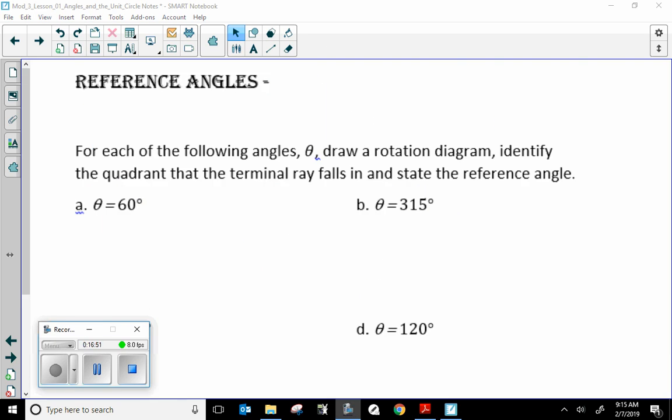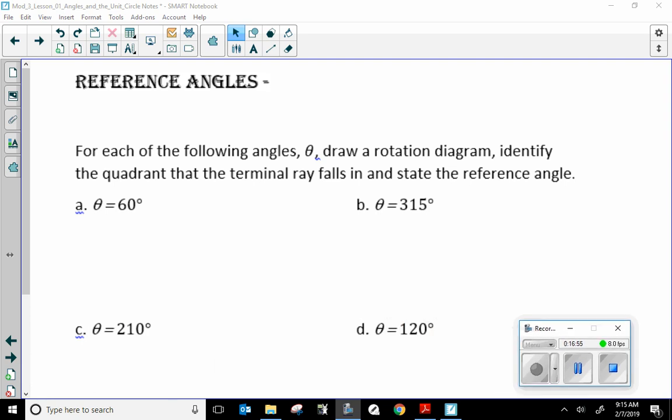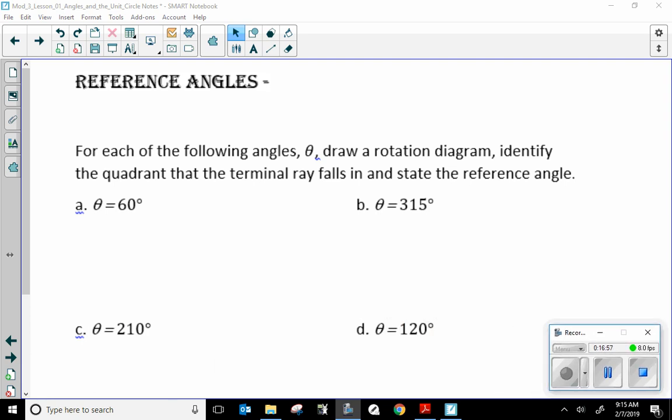Okay, here's where it gets real. As we move forward from here, this is stuff that is going to be useful, that's going to come back again and again and again. In pre-calculus a little bit, but in calculus, when you need to find an angle of, let's say, 135 degrees, you need to find the sine of that or cosine of that or whatever.